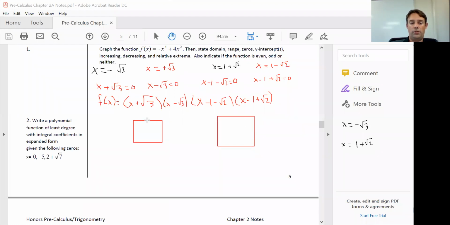Or those two together, sorry. So you guys are checking your work as we go through here. It's a little bit tedious.